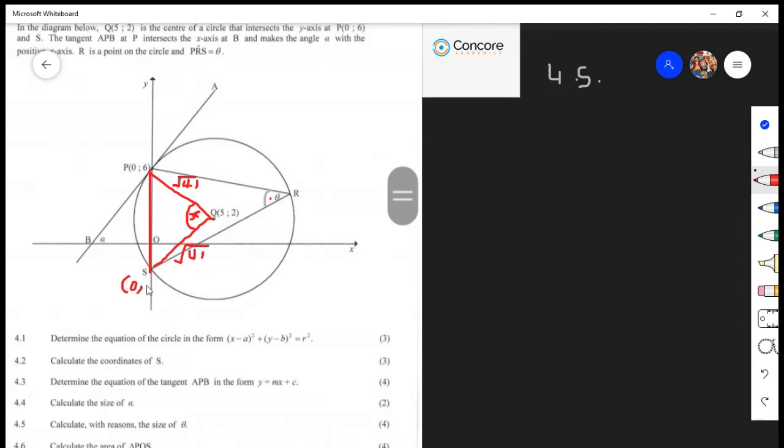From 6 until negative 2 is 8 units. Does everyone understand how we get to 8? Yes. Because from 0 to 6 is 6 units, and from 0 to negative 2 is 2 units. So 2 plus 6 is 8 units. So this line is equal to 8, right?